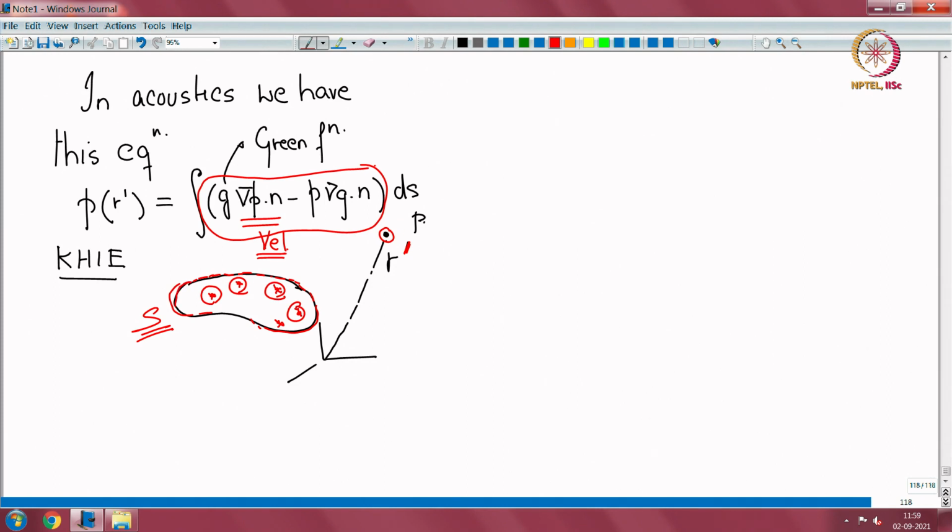If you enclose the sources in a hypothetical surface, not a real surface, and on the surface you manage to find the acoustic particle velocities and pressures, then you can find the pressure at any location using this integral. That's what KH integral says. And G is a Green's function. It can be a free space Green function, it can be some other suitable Green function for a suitable situation.